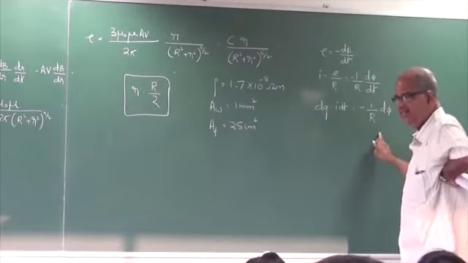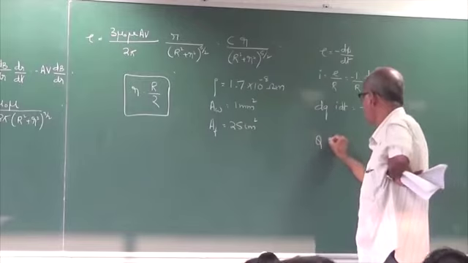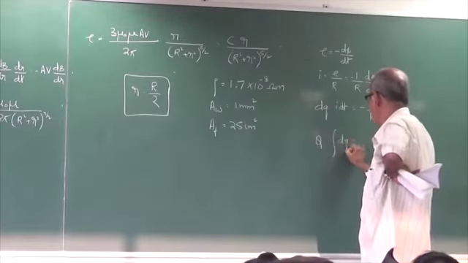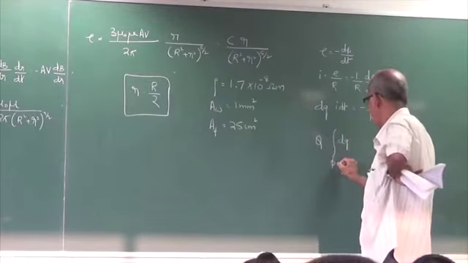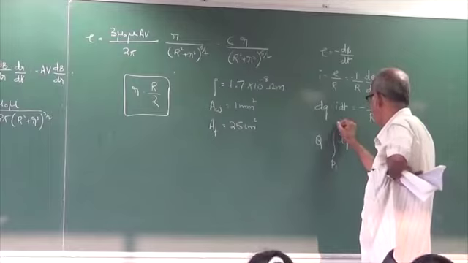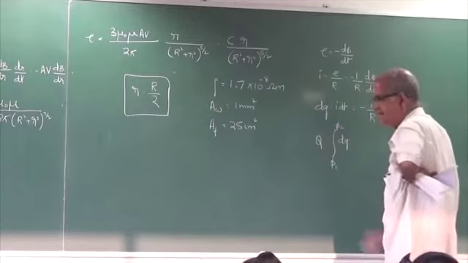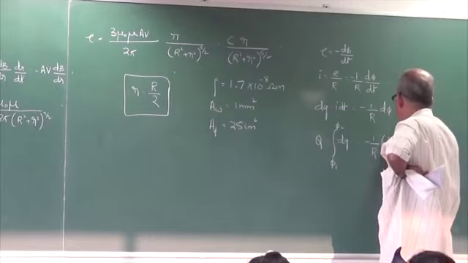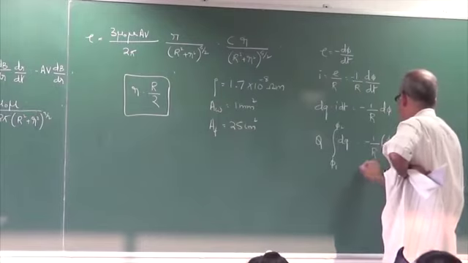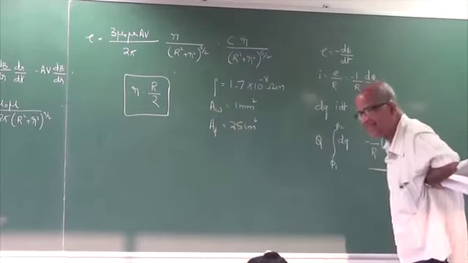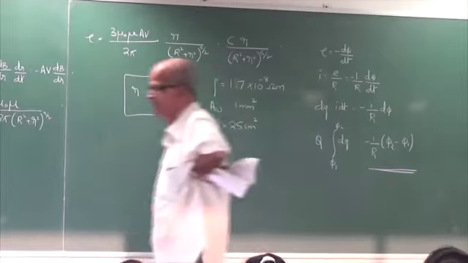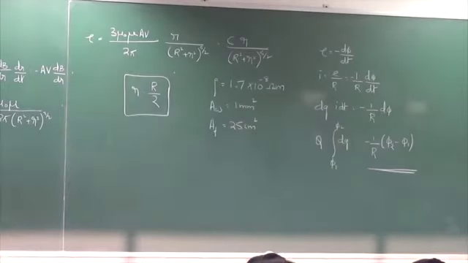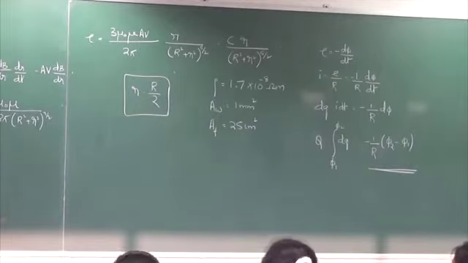So, you get this. He is asking what is the quantity, that is when the flux changes from say phi 1 to phi 2. This is minus 1 by R phi 2 minus phi 1. Correct? So, the entire problem now reduces to finding phi 2, phi 1 and resistance.